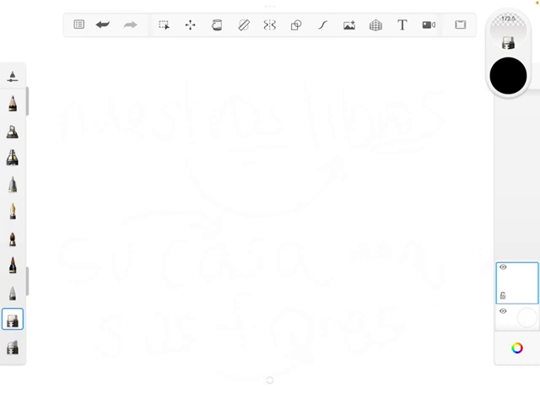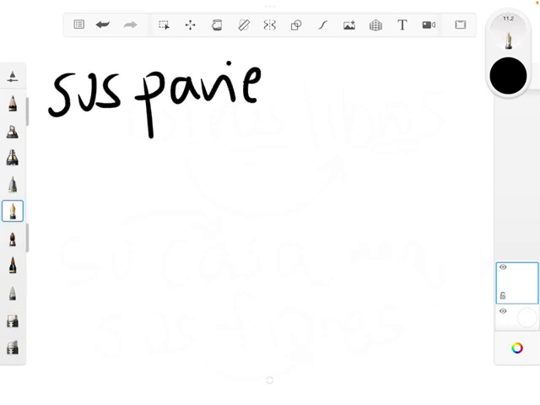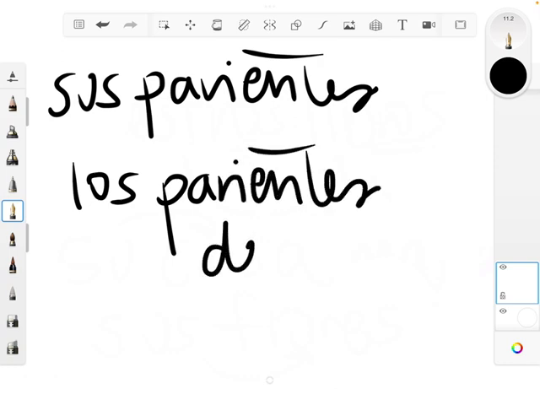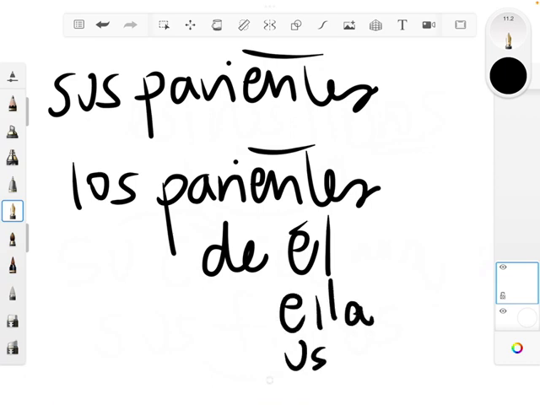So we'll have sus parientes. If you need to avoid confusion or you need to clarify, instead of saying sus parientes, which means relatives, you can say los parientes de él, de ella, de usted, whatever it is, in order to remove that confusion.